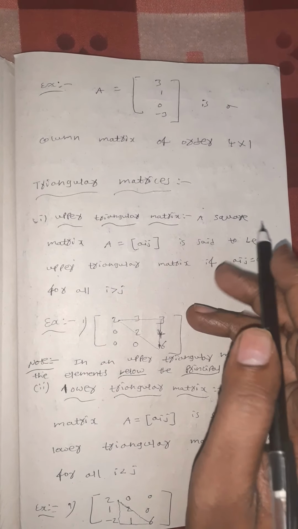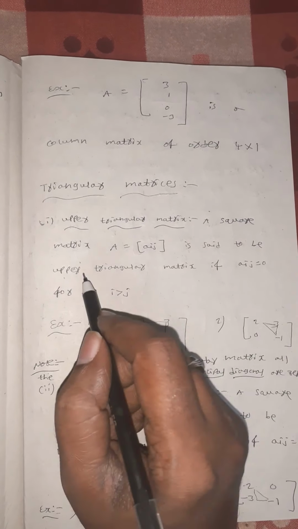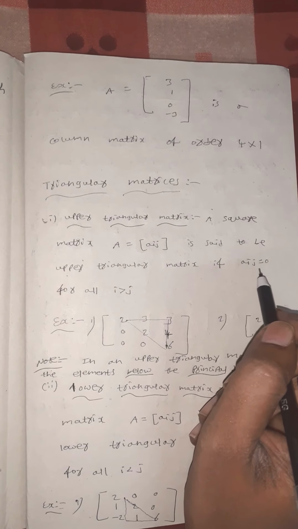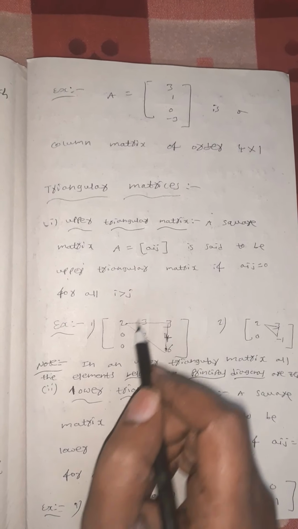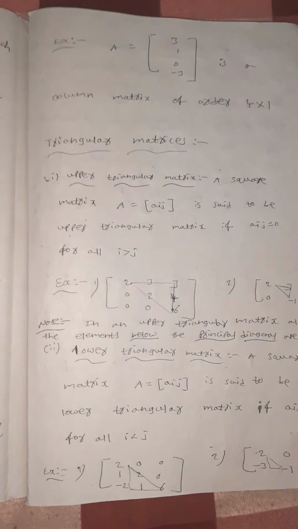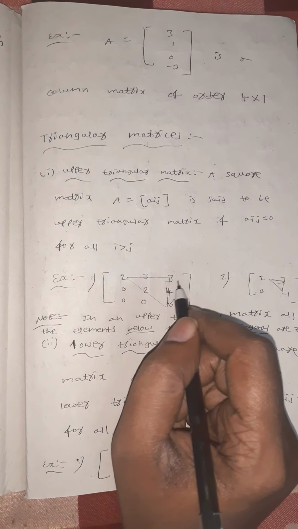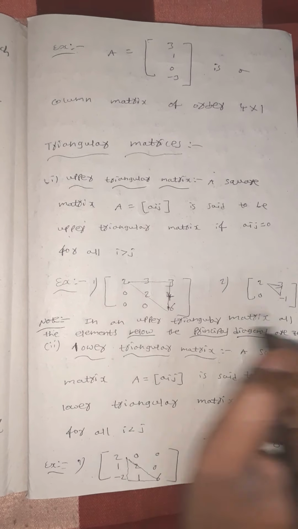Upper triangular matrix. A square matrix A = [Aij] is said to be an upper triangular matrix if Aij is equal to 0 for all i greater than j. If you take an example here, 2 3 3, 0 2 4, 0 0 6.